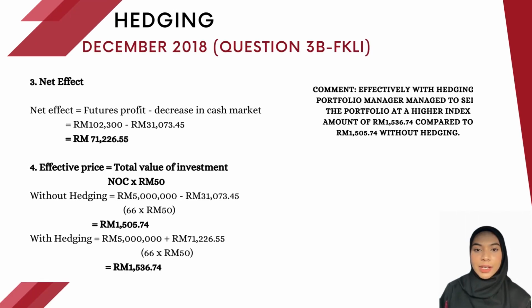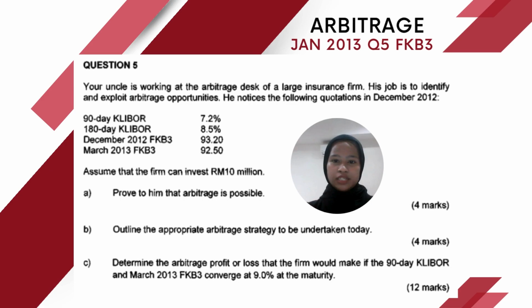The net effect is equal to 71,226 ringgit 0.55 cent, while the effective price without hedging is equal to 1,505 ringgit 0.74 cent, while with hedging it is equal to 1,536 ringgit 0.74 cent. To conclude, hedging is effective as the amount is higher compared to without hedging. So next one is arbitrage.